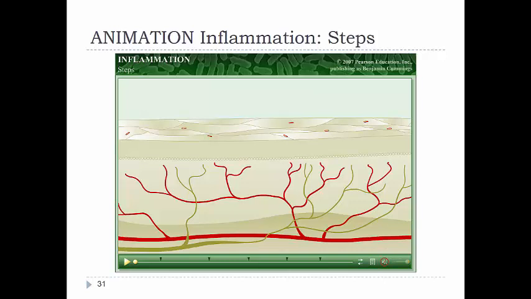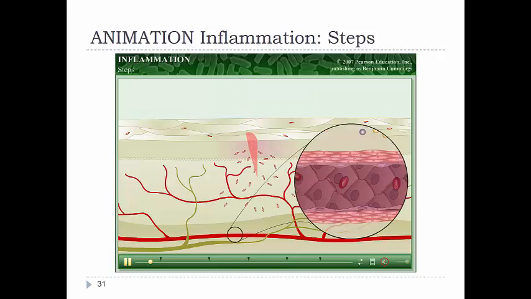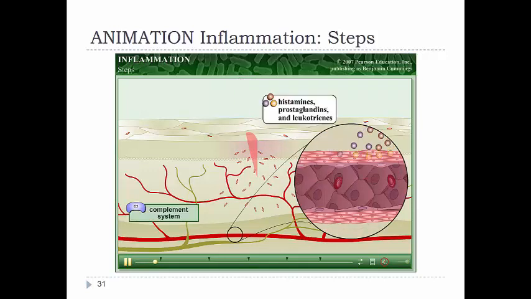Here's a video showing the inflammation steps. So here we have a damage to the tissue and the insertion of bacteria. Those bacteria are going to multiply and divide. We're going to have chemicals released.